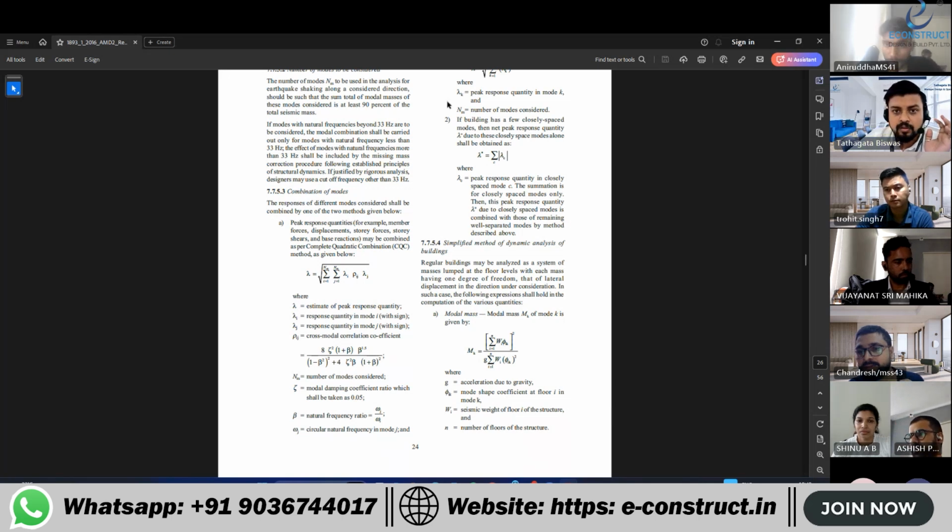For example, let's say you have mode number 1, which gives you some UX value, some UY value, some RZ value, and some other degrees of freedom are also there, right? Now mode number 2 also gives you some UX value, some UY value, some RZ value, and some other degrees of freedom.